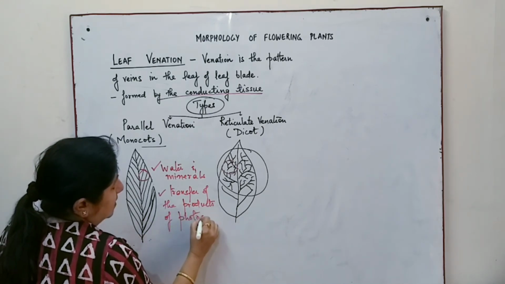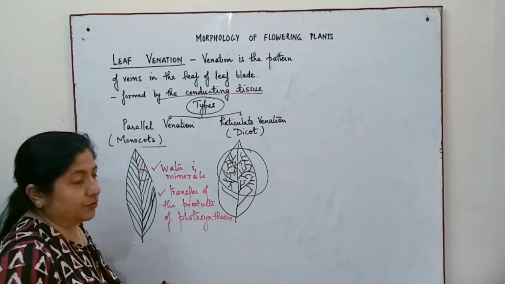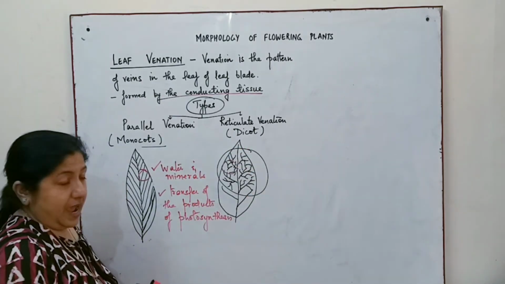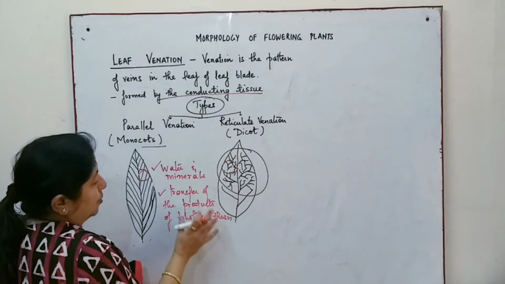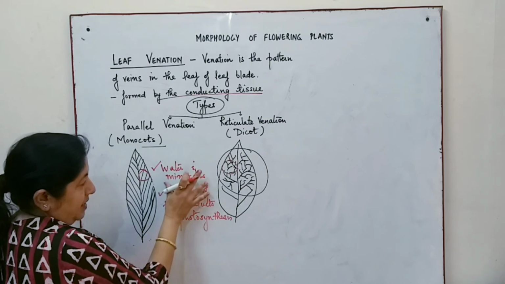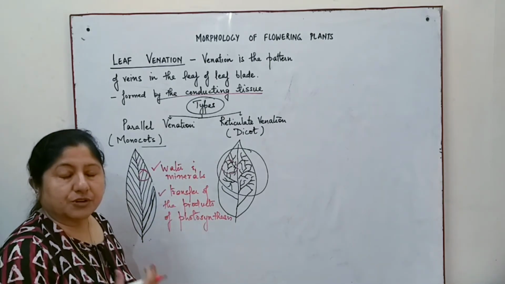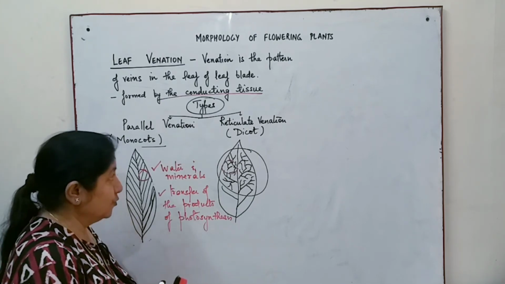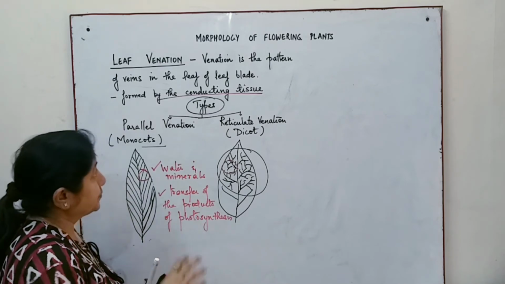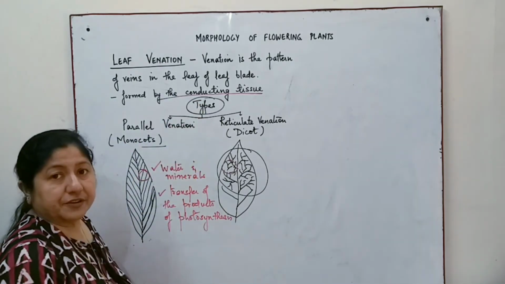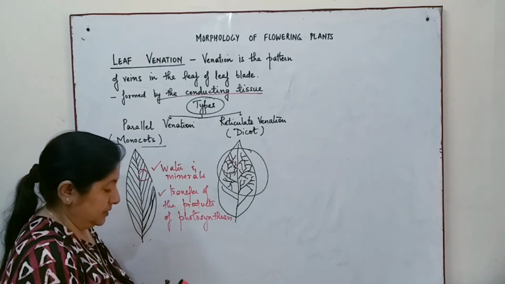They also provide support. They are the backbone, so they provide the framework. The leaves are therefore able to perform their function by receiving water and minerals, and the prepared food is transported, by the xylem and by the phloem respectively. So this type of leaf venation is found in various types of plants.